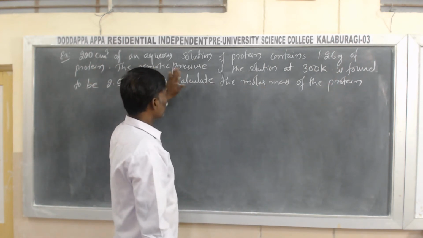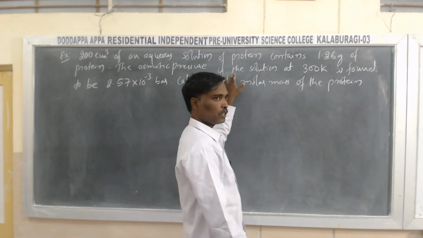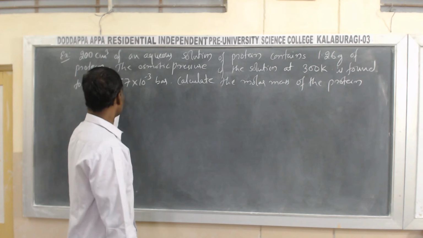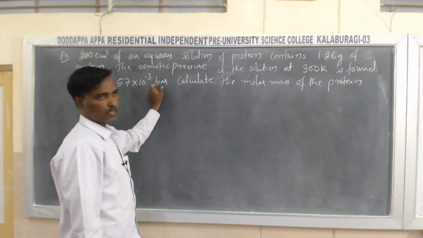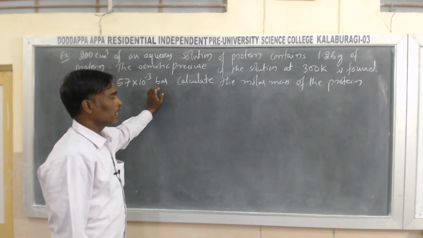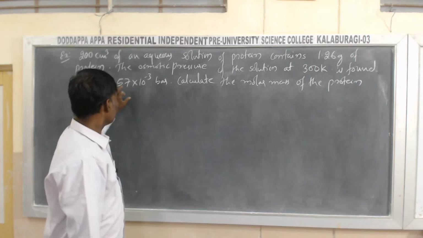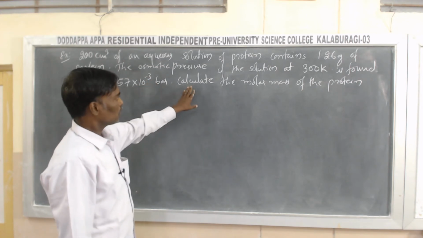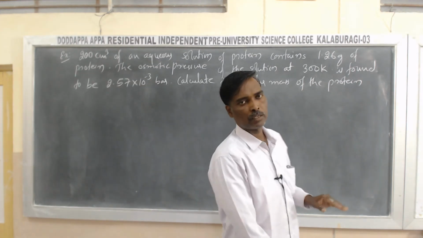The osmotic pressure of the solution at 300 Kelvin is found to be 2.57 into 10 raised to minus 3 bar. Then calculate the molecular mass of that protein.